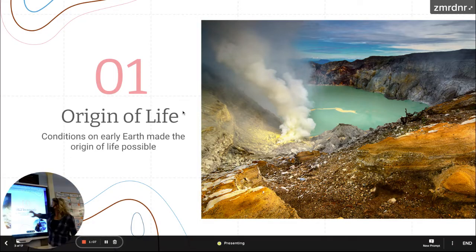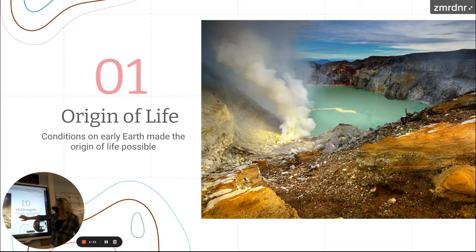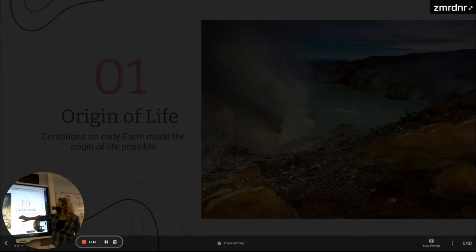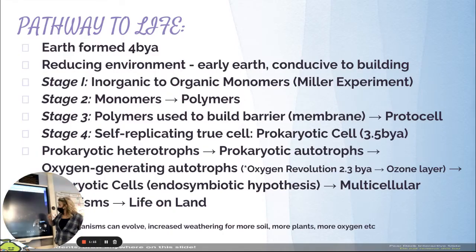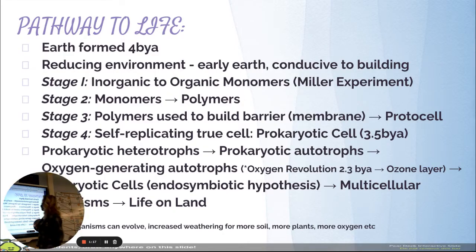All right. So the first one, origin of life: conditions on early Earth that made the origin of life possible. This is the summary that we talked about before, and this was in the presentation. So just talking about the time, the reducing environment, that you understand the sequence, that there were inorganic gases there.